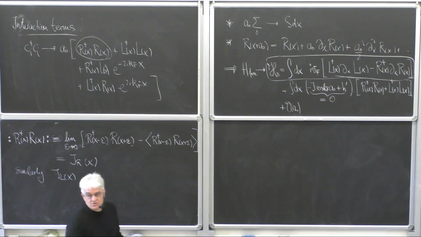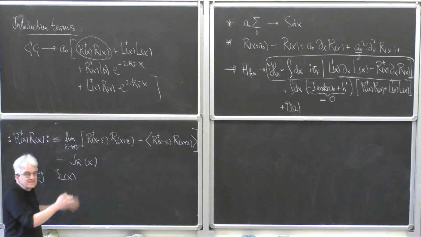In contrast, operator products like right dagger x, left of x are actually well defined, so I don't have to do anything. It doesn't make any difference, so there's nothing subtle about it.